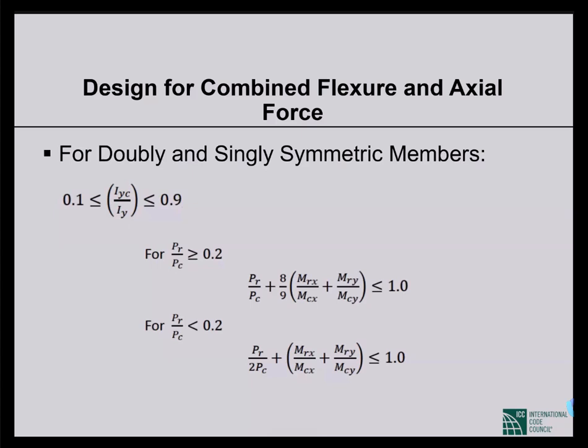There are some expressions for doubly and singly symmetric members. Here, one criterion is that for compression flange, the moment of inertia about weak axis divided by the moment of inertia about weak axis of the whole member should be between 10% to 90%, which is usually the case.